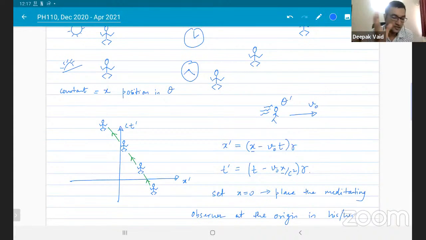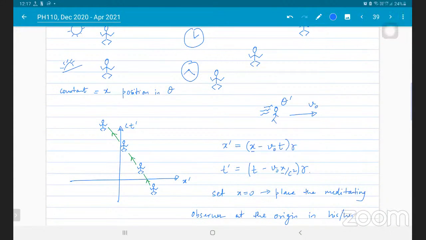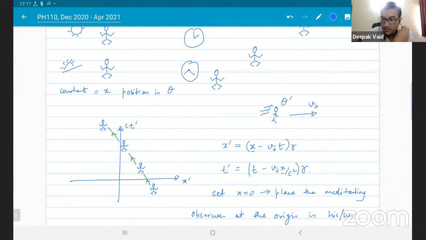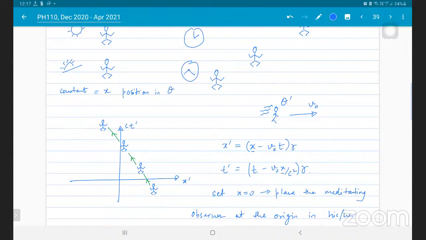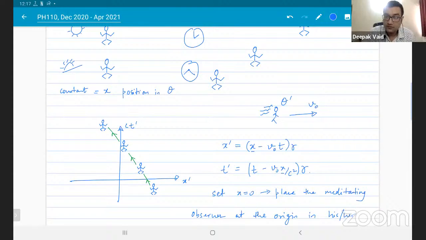Why is the contraction only in the horizontal direction, in the Michelson-Morley experiment? So that's a good question to ask. Why should it be that?